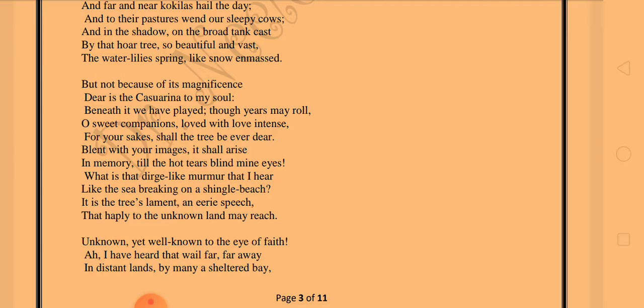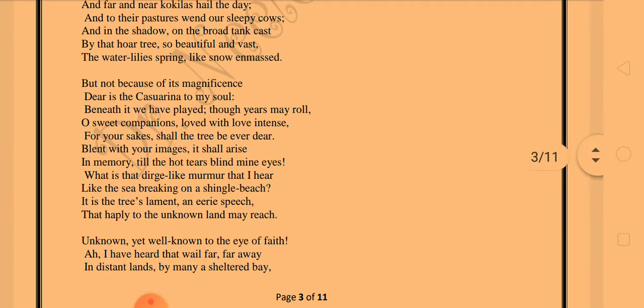And though years may roll, and although years have passed, oh sweet companions, my beloved companions, loved with love intense, to whom I have loved with extreme love, for your sakes shall the tree be ever dear. This tree is always going to be close to my heart just because of you.